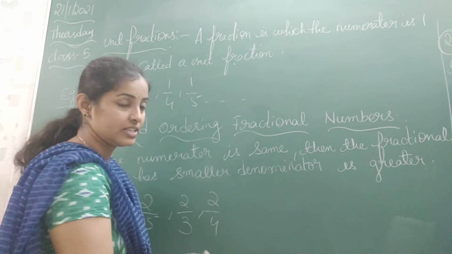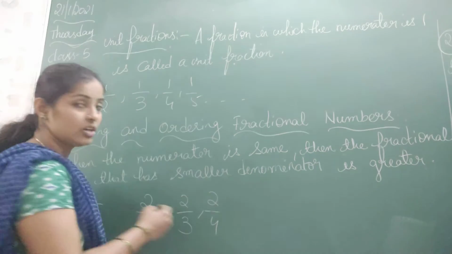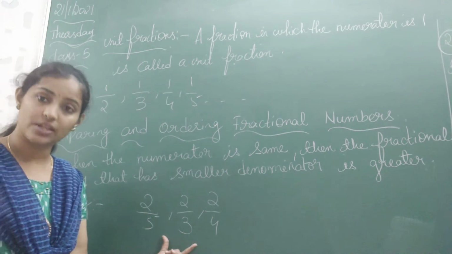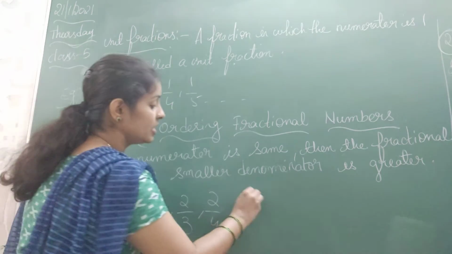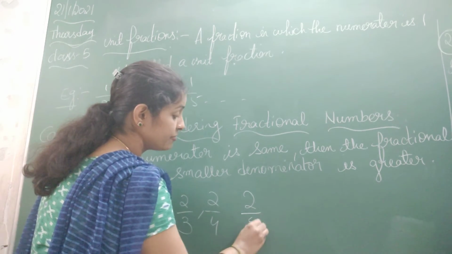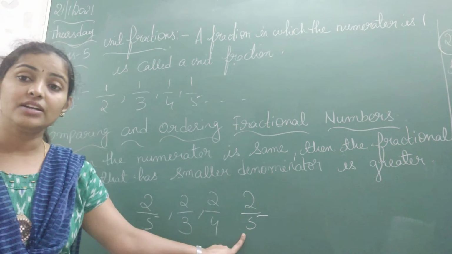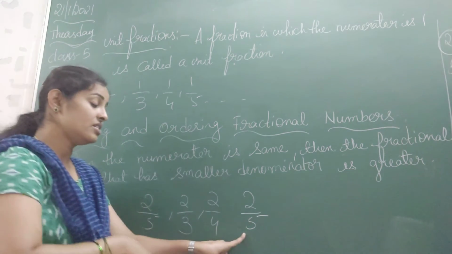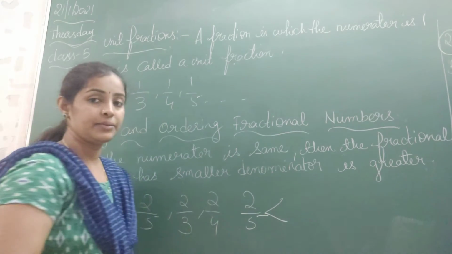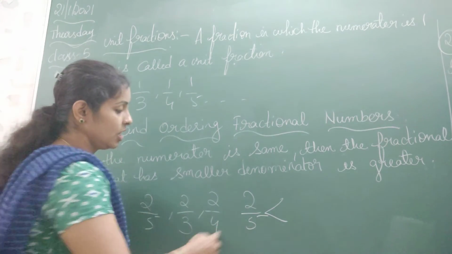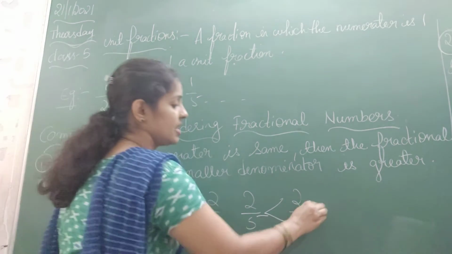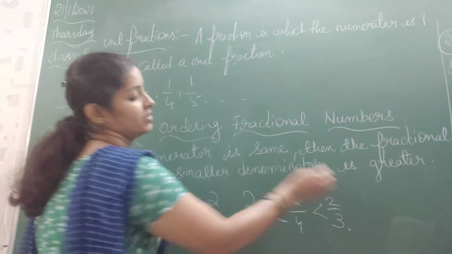Now if I write the numbers in ascending order, 2 by 5 is the smallest number, which is less than 2 by 4, the next number, and which is less than 2 by 3, isn't it?